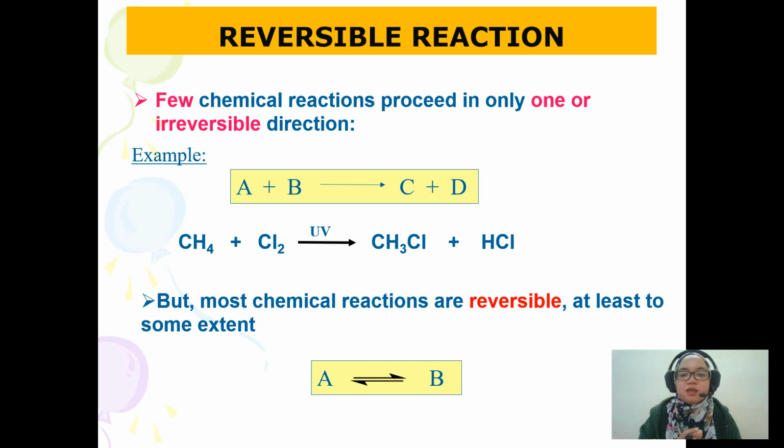But most chemical reactions are reversible reactions, because when they do the chemical reaction, they can proceed in both forward and reverse reaction. For example, A can produce B and B can go back to the A, to the reactant.